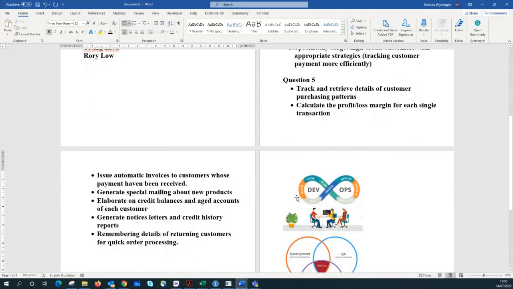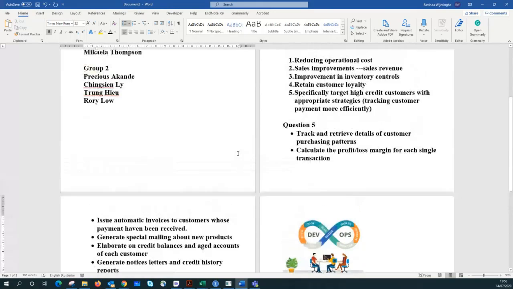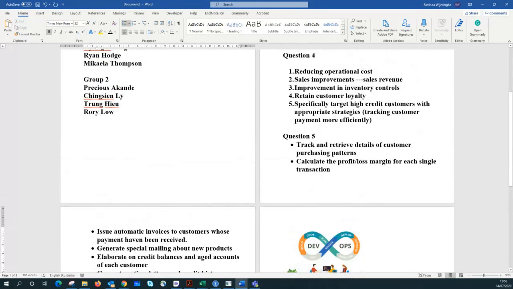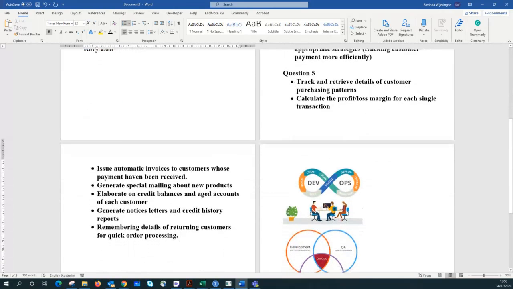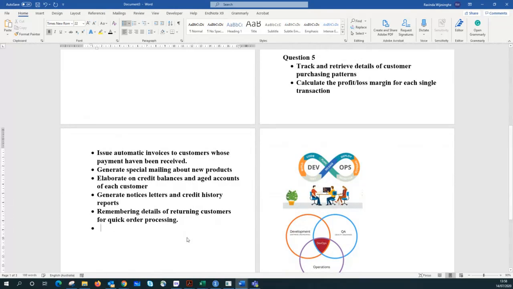So this is what we need to do in the system vision document. First, business benefits, and then these are the capabilities that we can expect to implement to achieve those business benefits.